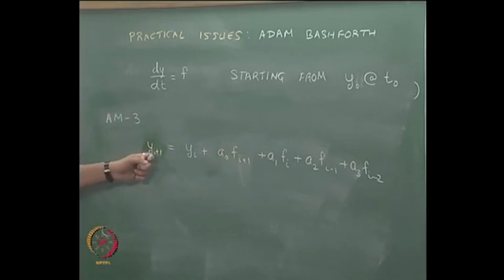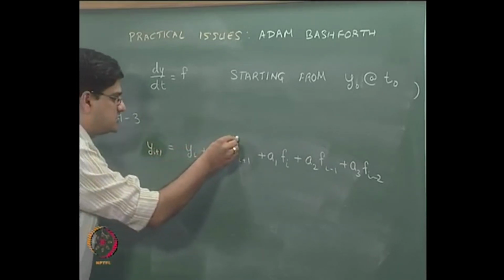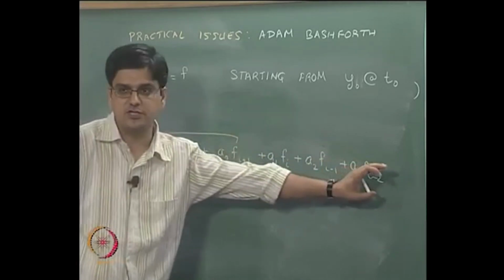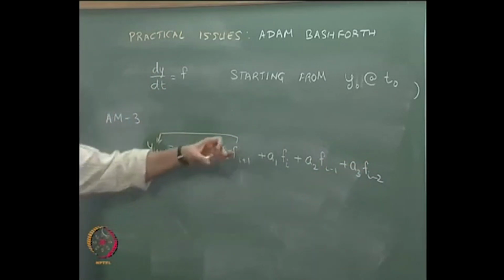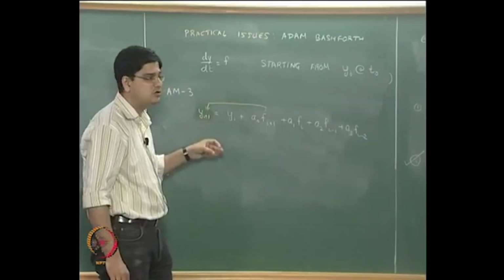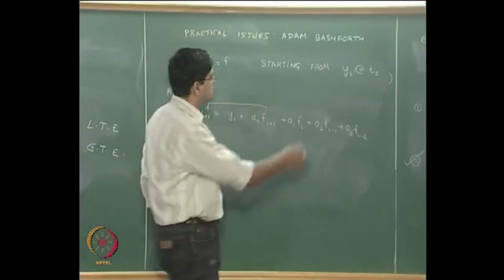Okay. So now this f i plus 1 depends on y i plus 1, making this an implicit scheme. So we have this nonlinear equation which we need to solve at each time interval in order to get the Adams-Moulton method.